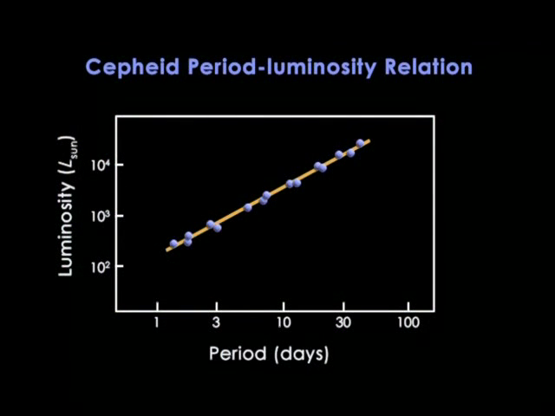This sort of makes reasonable sense. Big stars breathe more slowly than small stars, a bit like elephants breathe more slowly than people, who breathe more slowly than mice. Anyway, it transpires that Cepheids define quite a tight period luminosity relation, like the one shown here.